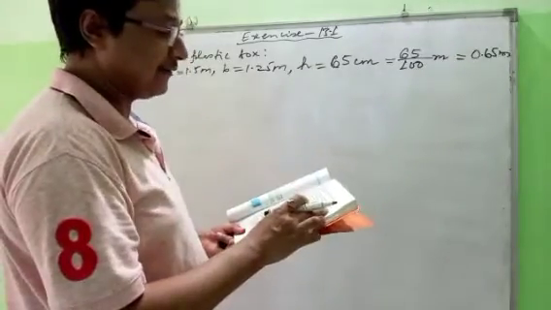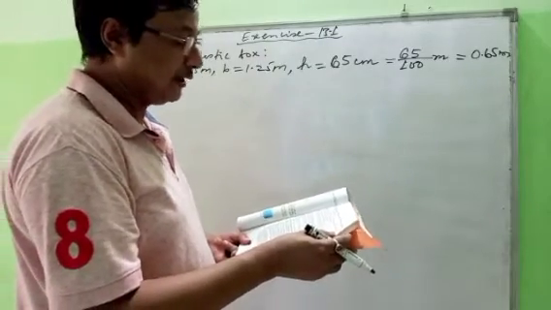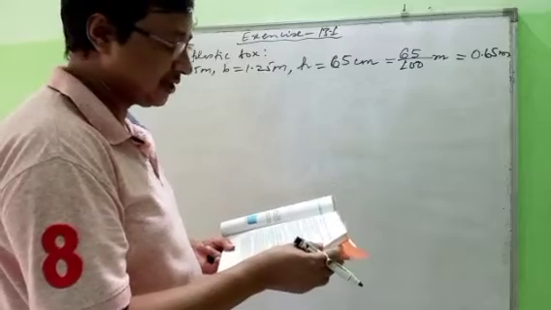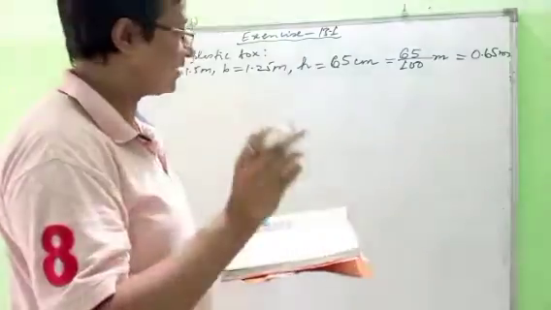The box is opened at the top. So ignoring the thickness of the plastic sheet, determine the area of the sheet required for making the box. This is the first question.